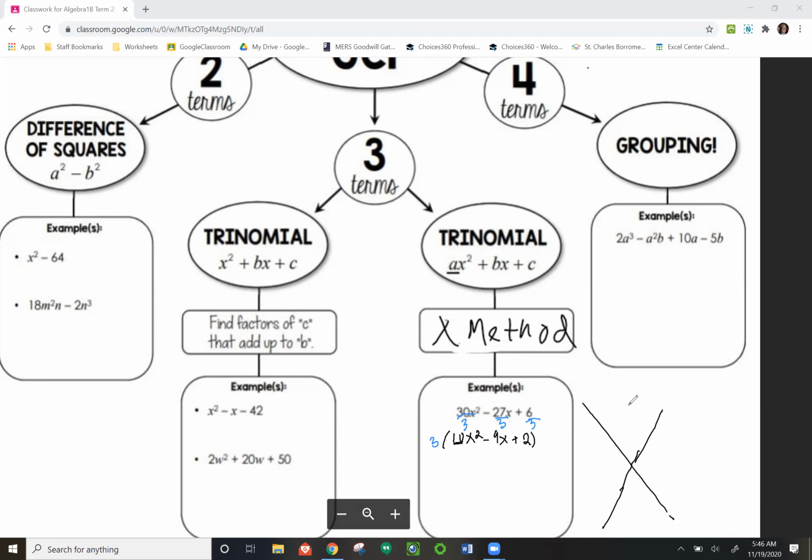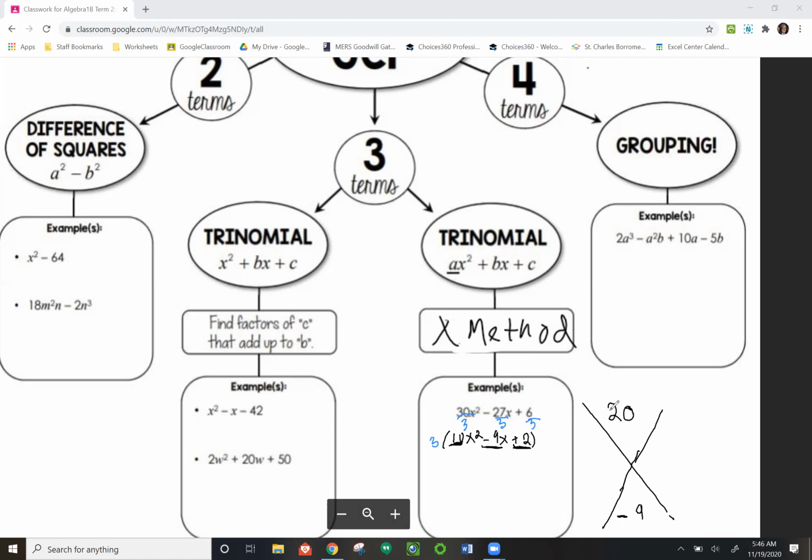So what do you put on top? You take the 10 times the positive 2. 10 times positive 2 is 20. And then the bottom gets to be the -9, that middle piece right there. Make sure you're filling this x in with the right pieces or it will not work out. We need two numbers that multiply together to give you 20 and add together to give you -9.